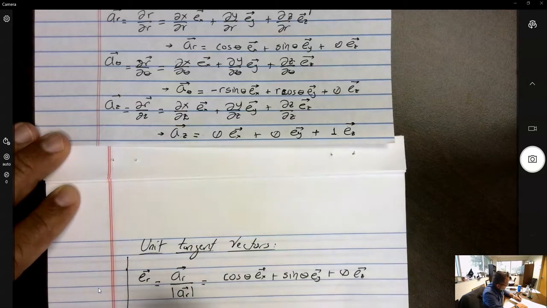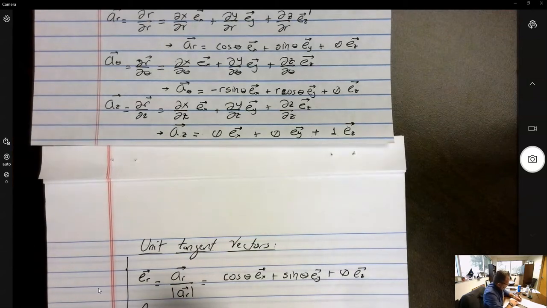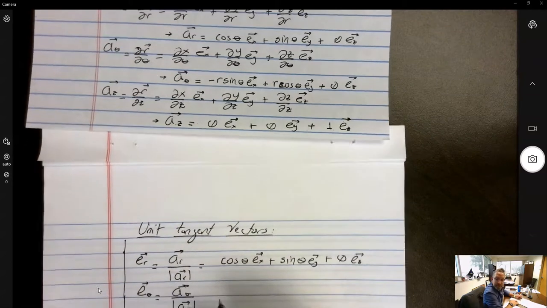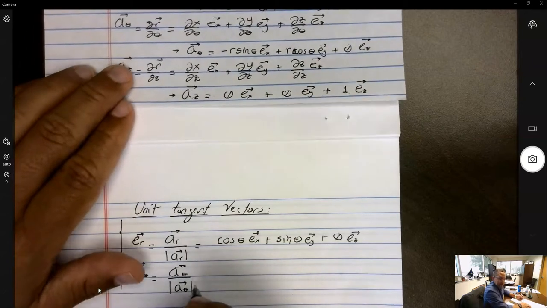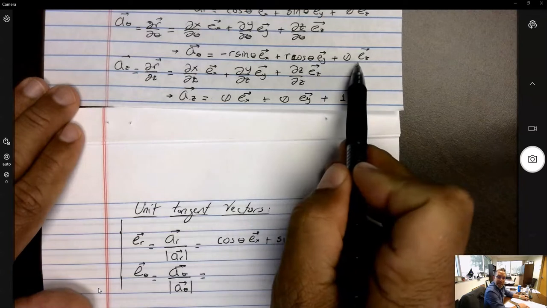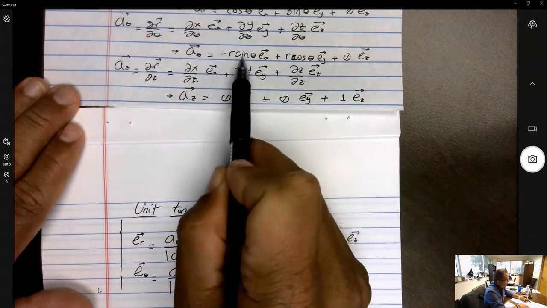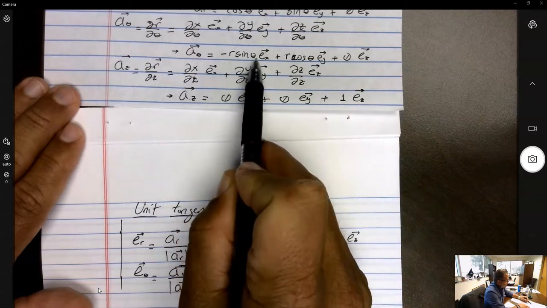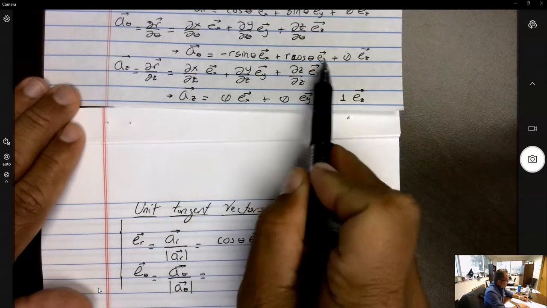The second one is a theta divided by the magnitude of a theta. So if we take the second vector here and take its magnitude, this one squared plus this one squared plus this one squared, square root, we'll get r squared sine squared theta, r squared cosine squared theta, and 0.